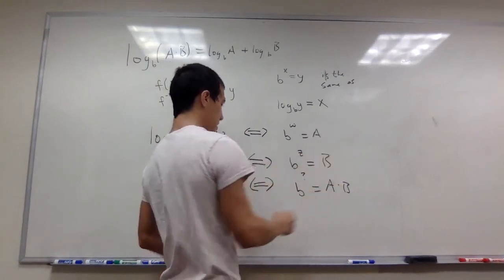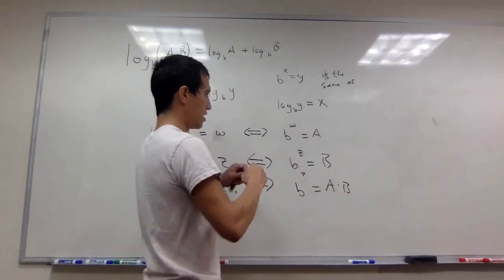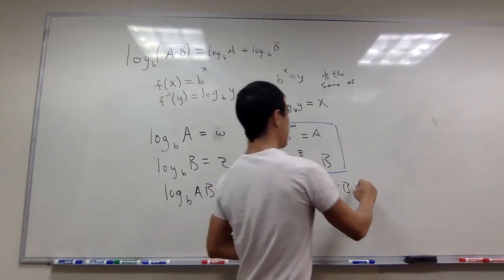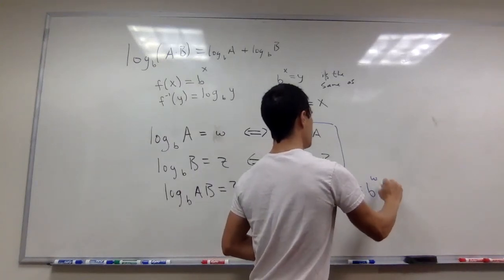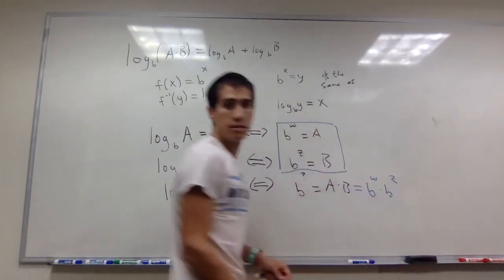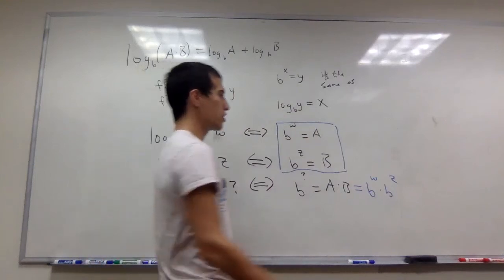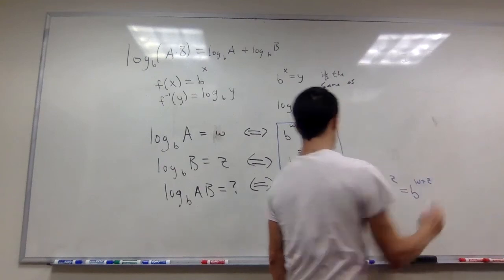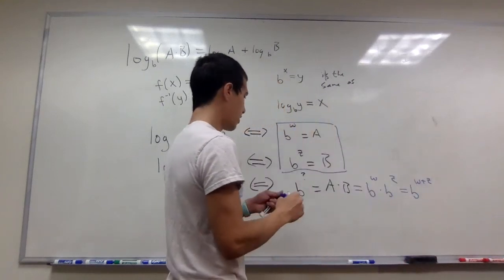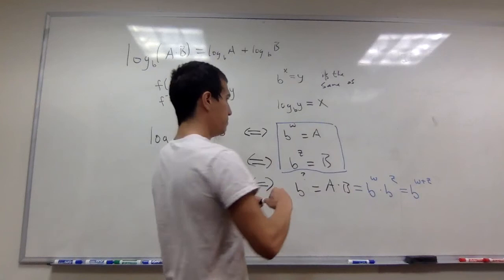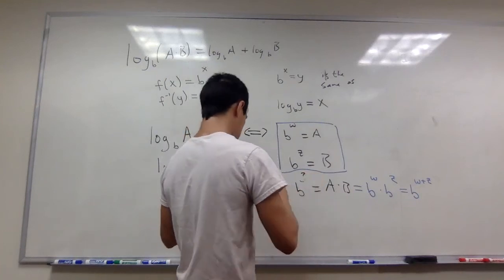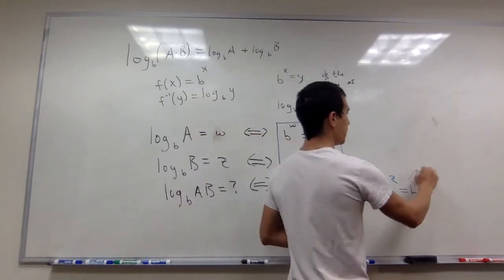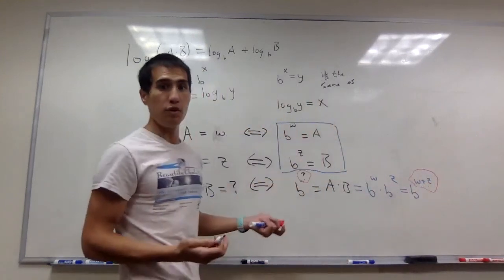So a times b, using these two equations, is exactly equal to b to the w times b to the z. And now using properties of exponents, this is b to the w plus z. And so I have b to the something is b to the w plus z, and so this something is w plus z.